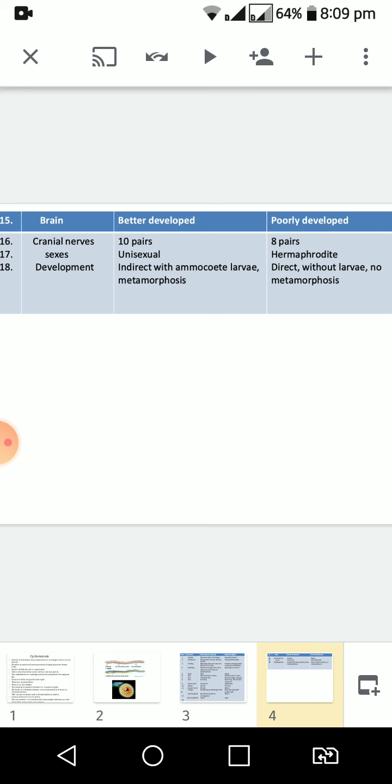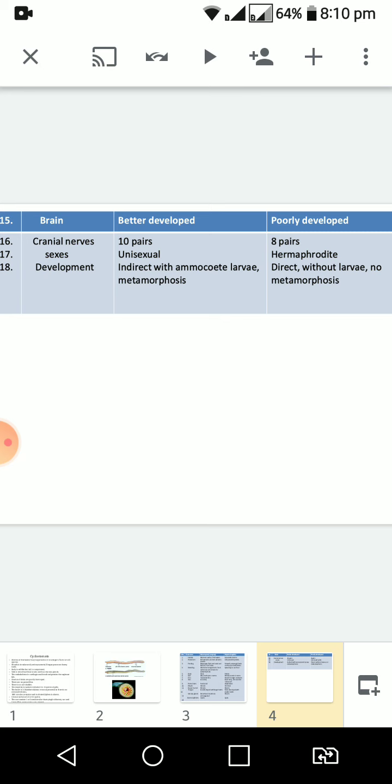And in the petromyzon all are unisexual, and clear sexual dimorphism we can see in these animals, but in myxin they are hermaphrodites, so all are bisexual. So that is the difference between petromyzon and myxin.